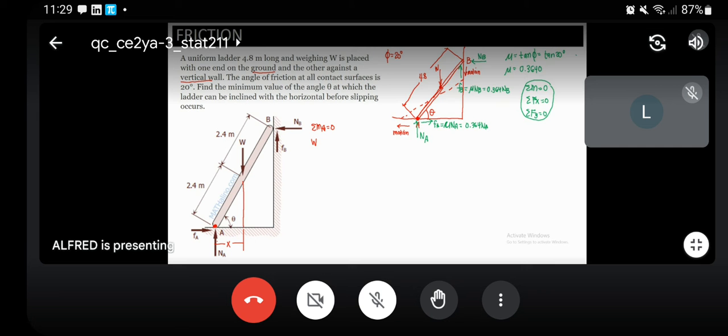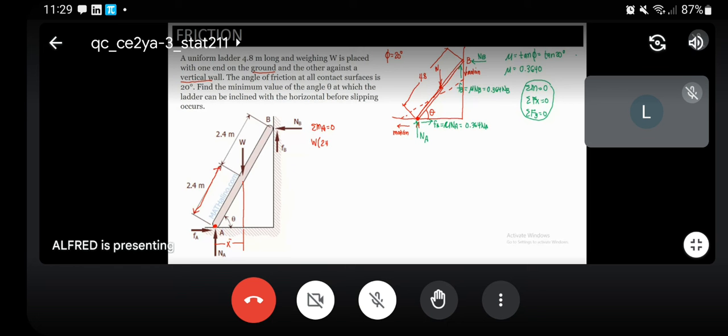Anyone? 2.4, sir. 2.4. Paano mo nasabi? Yung hinati yung ladder, sir. Yung length ng ladder po. Hinati. Eto si 2.4.